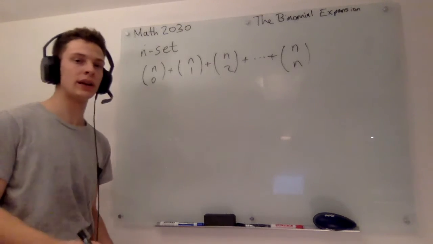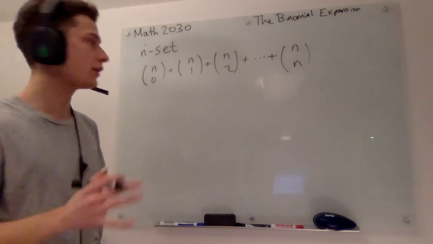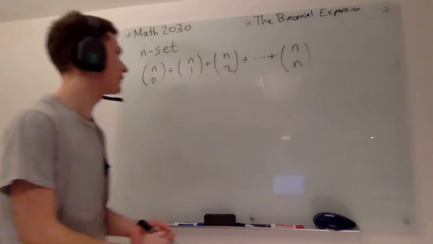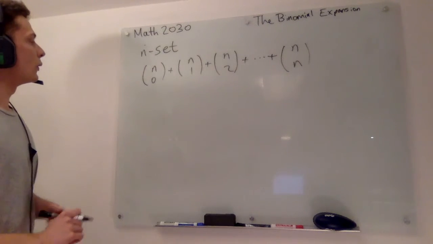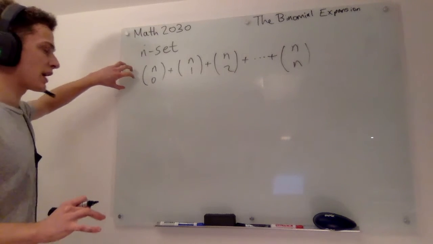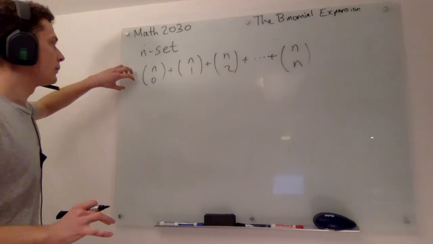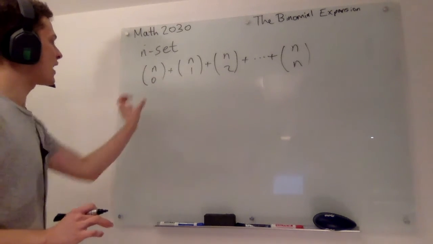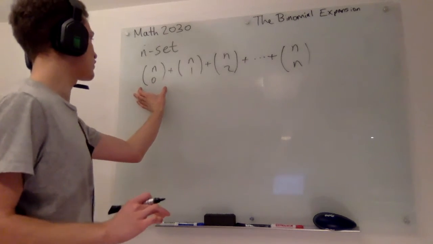Now, how are we going to connect this to our binomial theorem that we had previously? So we want to form this into our summed expression from before, but we can't change any of our binomial coefficients.